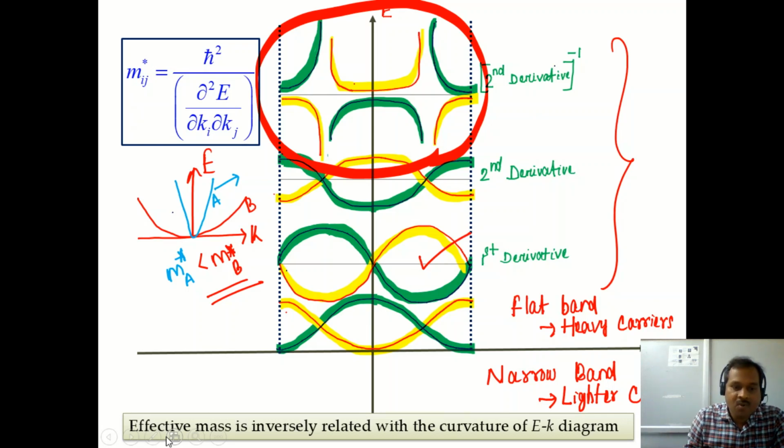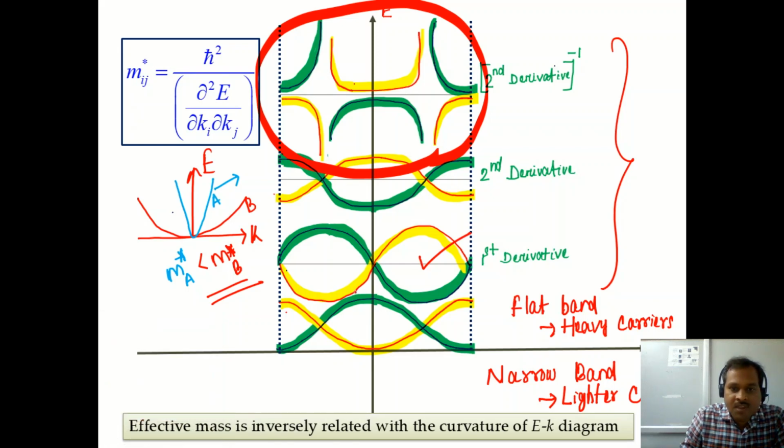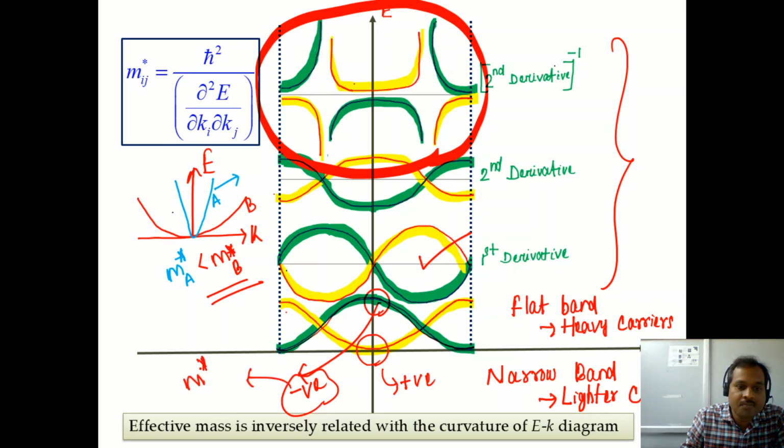But remember one thing that we should see here. Suppose we look at this band. Here the curvature is positive, whereas here the curvature is negative. Curvature is negative, that means the effective mass is also negative.